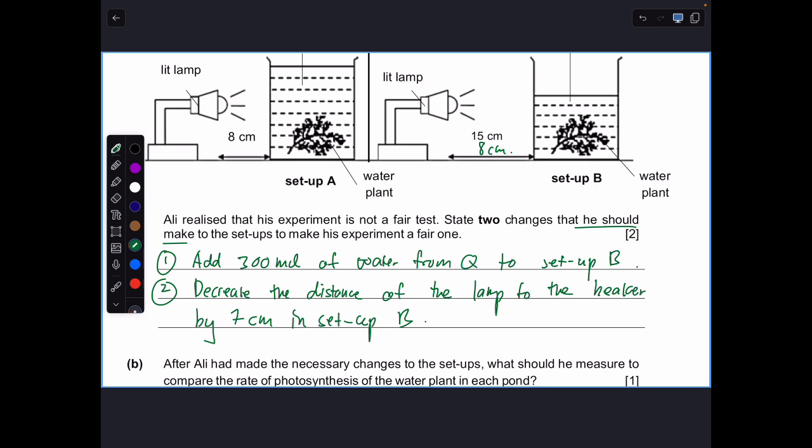I need the measurements. At least must say the same. And then distance, a lot of you don't care. You just say, oh, increase the distance of the lamp. From where? Because you say increase the distance of the lamp, it could be from here to here, from here to here. I don't know from where to where. Okay?